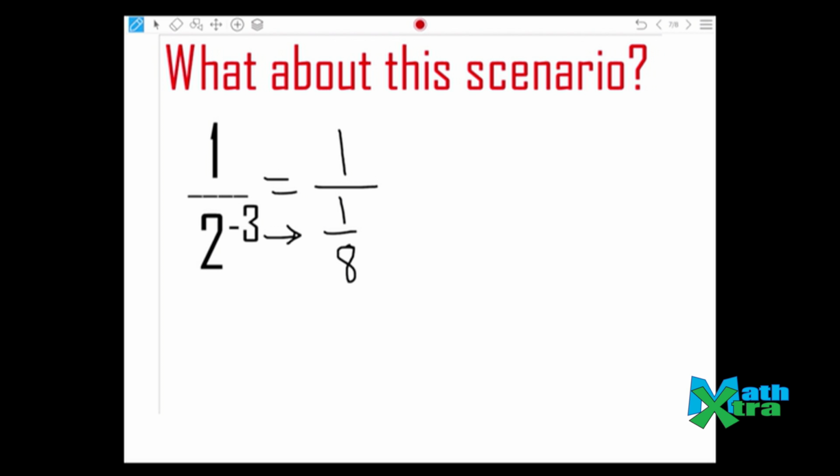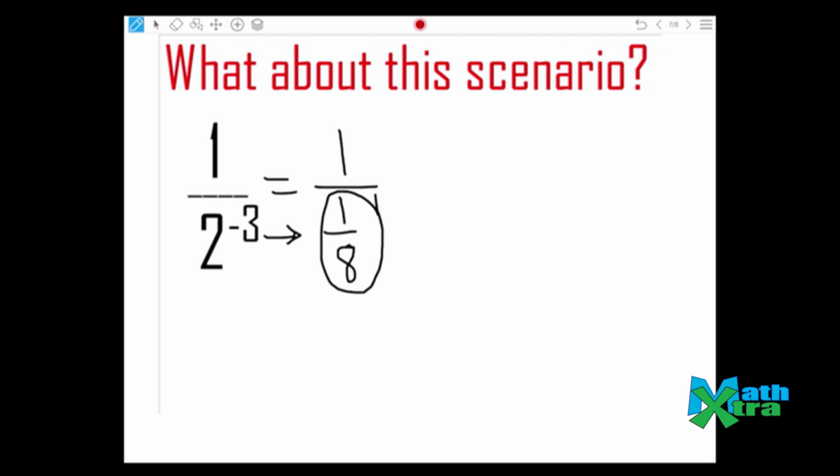We just saw that. So if this is 1 over 1/8, what is this saying? This is saying 1 divided by 1/8, which is saying this: how many eighths can we fit into one whole? Well, I know that if it's eighths, I can fit 8 eighths into one whole.